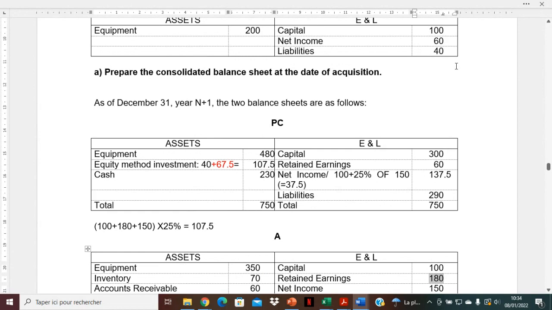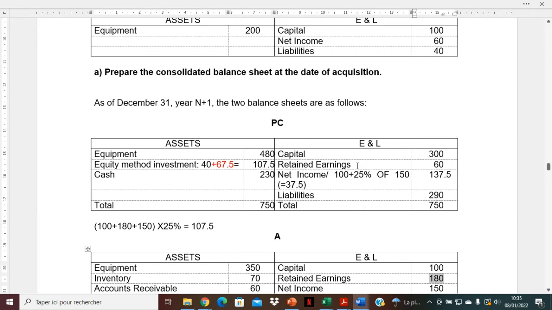Okay, however, I have to remember in my accounting system, of course, that at the date of acquisition, there was a profit of 60. And if I have retained earnings today, 1 year and 9 months later, obviously this net income is still in retained earnings.